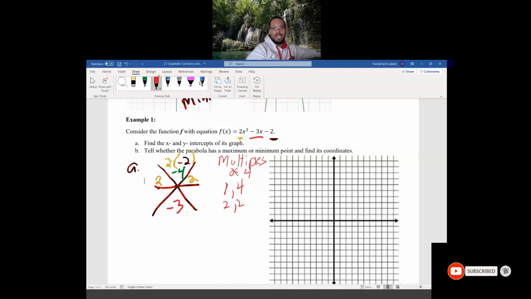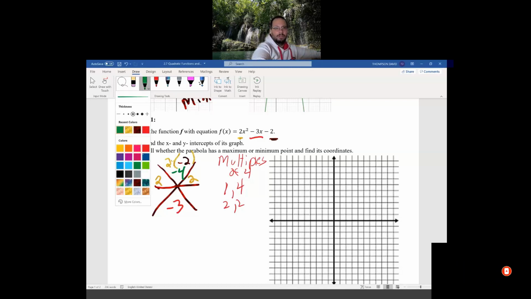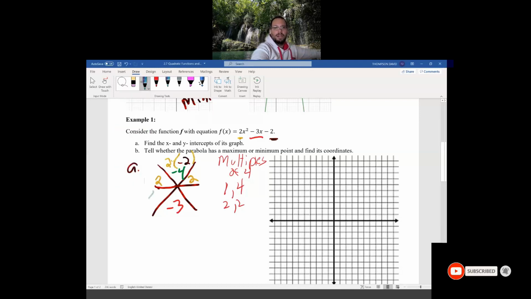So we can think about this in terms of subtraction. 4 minus 1 gives me 3, so those will be the numbers we're looking for. Let's write those in galaxy. So we have a 4 and a 1. Now to determine which one's positive, which one's negative: in order to get -3, the 4 would have to be negative, because -4 plus 1 will give me -3.